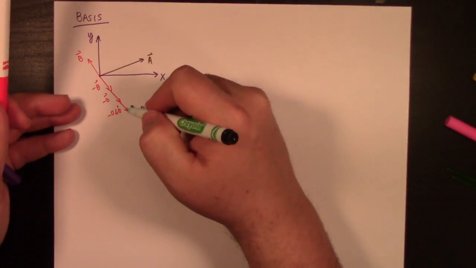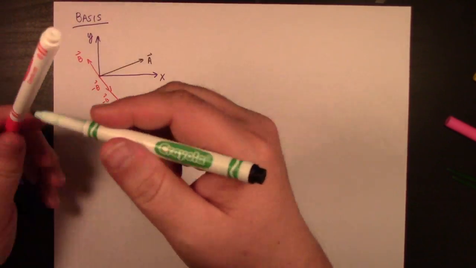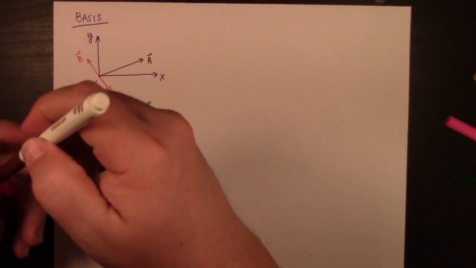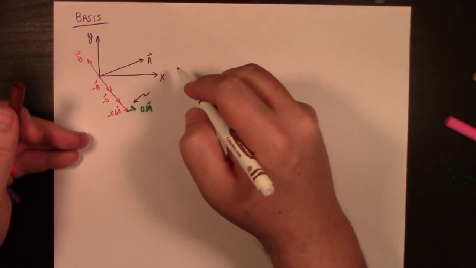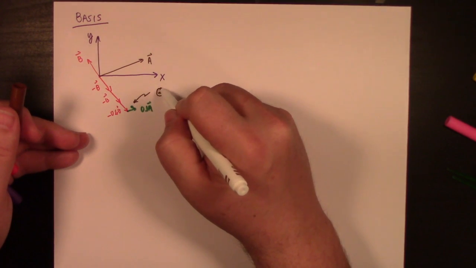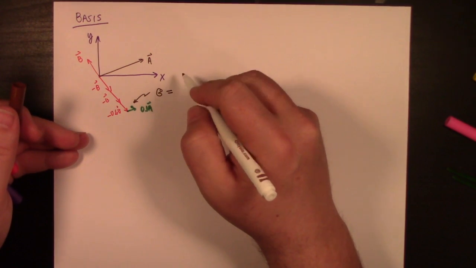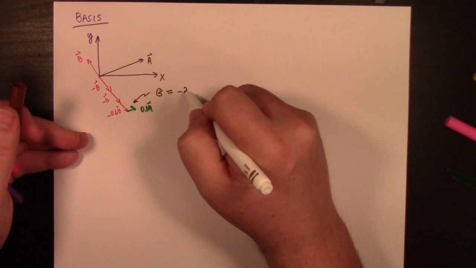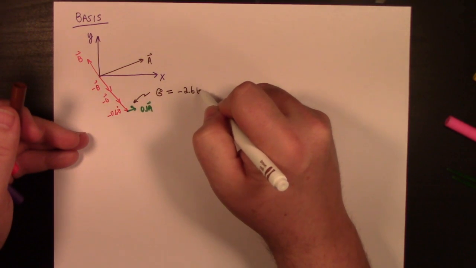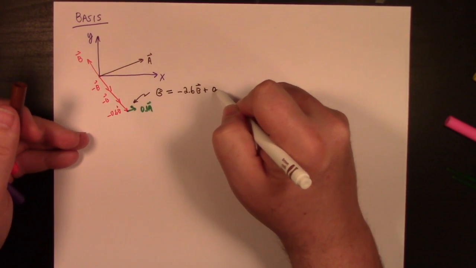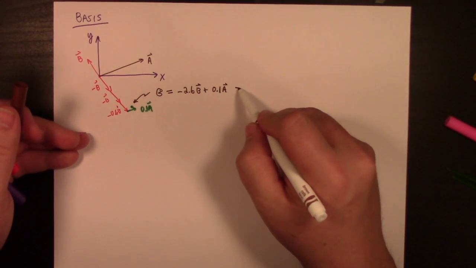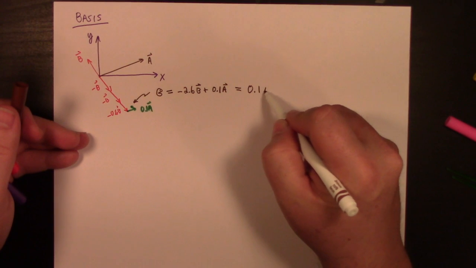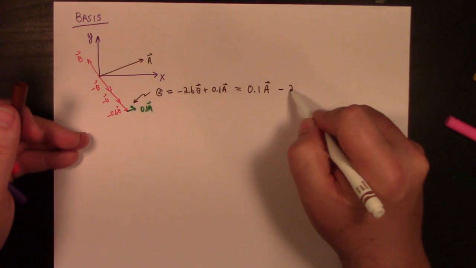So this point that I have down here, you might call it Pac-Man. So as you can see, Pac-Man is something like 0.1A minus 2.6B.